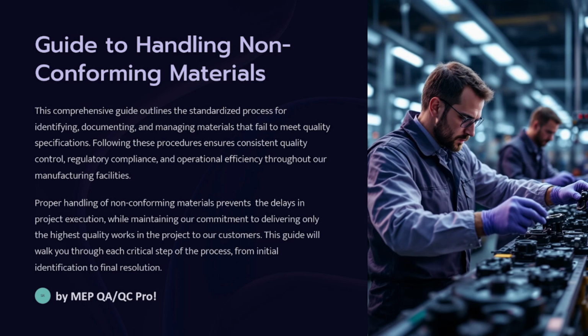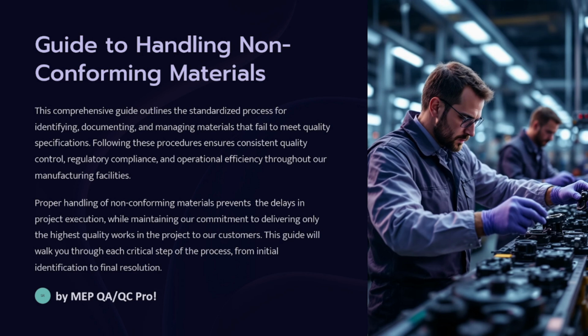As you can see, today our topic is how to handle non-conforming material. So, what is non-conforming material? Non-conforming material means the material which is not aligned with the quality specification. The quality specification means your project material submittal, your project specification, your project sample. Whatever sample is approved, that same material has to be delivered with the same specification, same labeling.